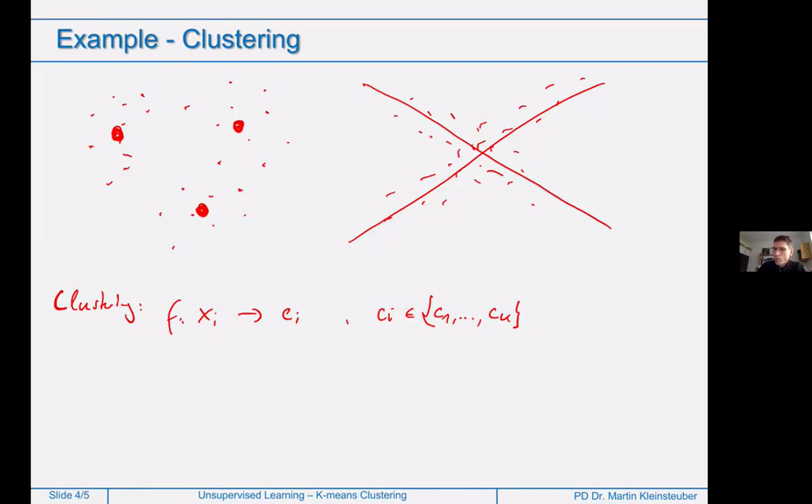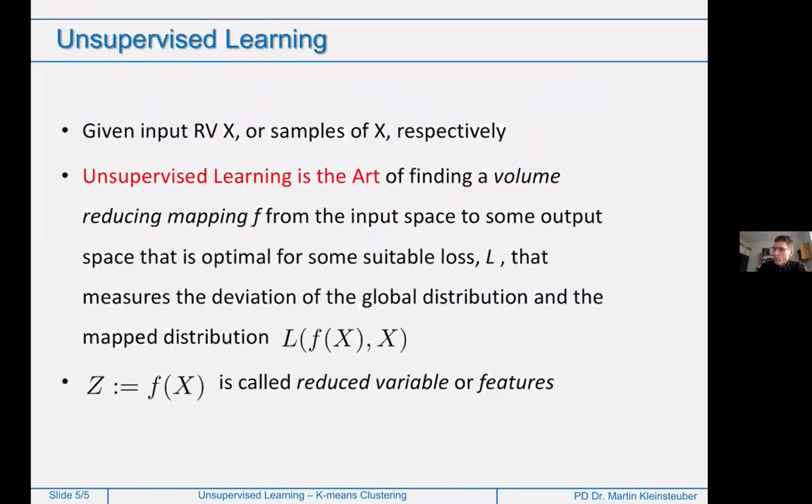So more precisely, that's unsupervised learning for me, right? I'm given some input, random variable X, or some samples of X respectively, because typically we do not have the distribution. Then unsupervised learning is the art of finding a volume reducing map F from the input space to some output space that is optimal for some suitable loss, L, that measures the deviation of the global distribution and the map distribution.